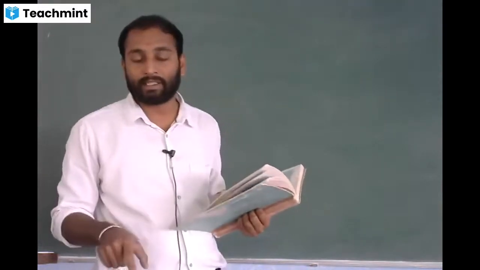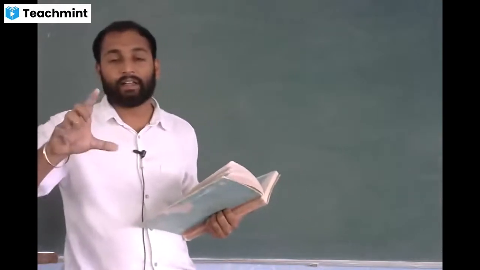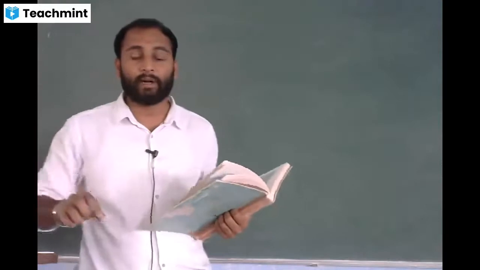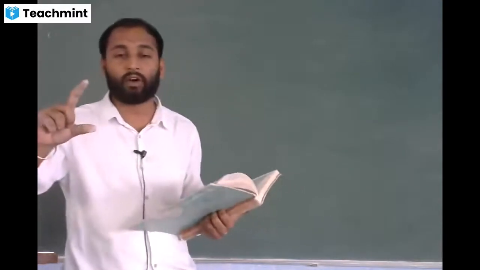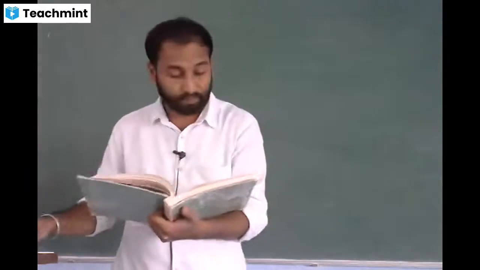Very good. Once the ciliary muscles contract, the lens will become thick. Once they relax or expand, the lens will become thin. So this change in the focal length of the eye lens is caused by the action of ciliary muscles.